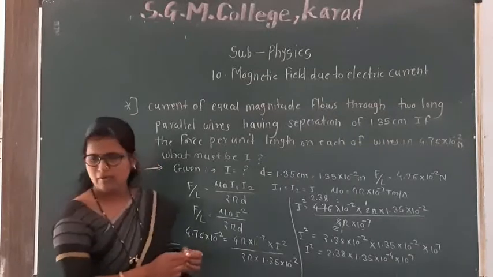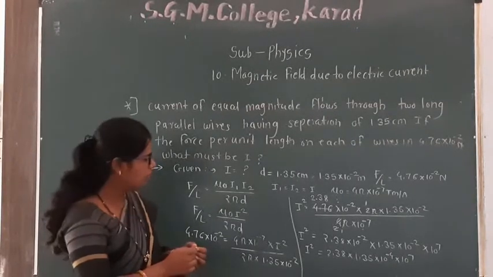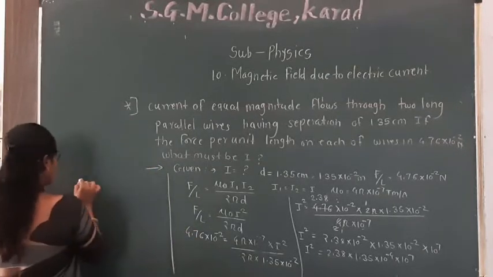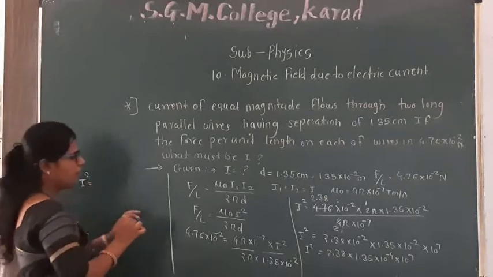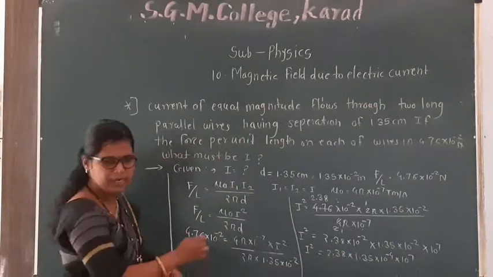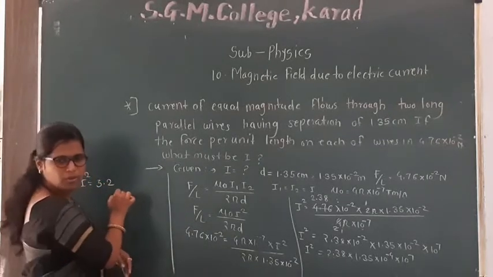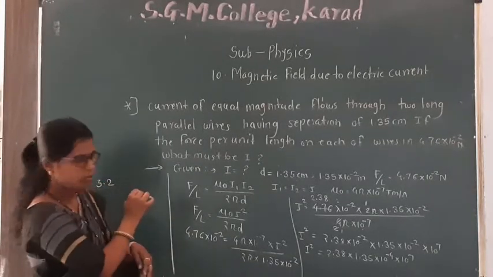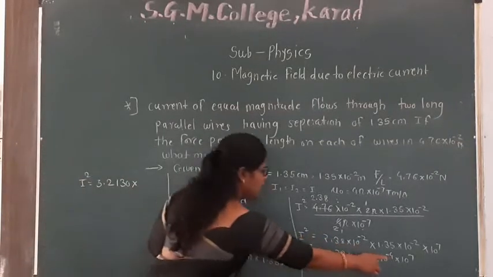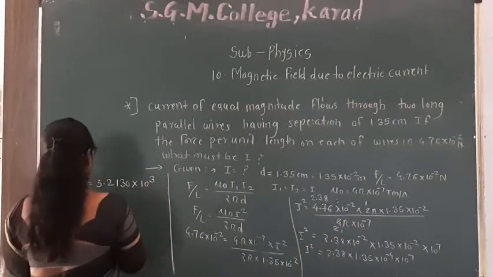That value we get is 3. Here I square is equal to, by multiplying using the log table, 3.2130 into 10 raised to minus 4 plus 7, 10 raised to 3.